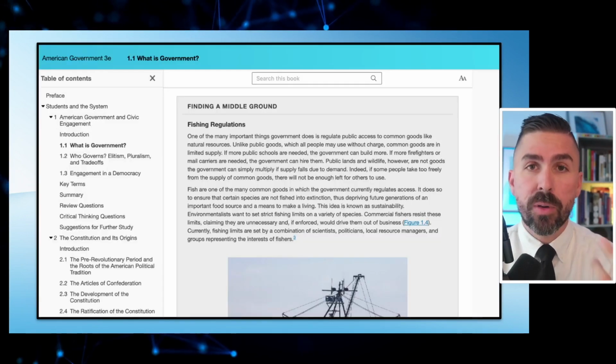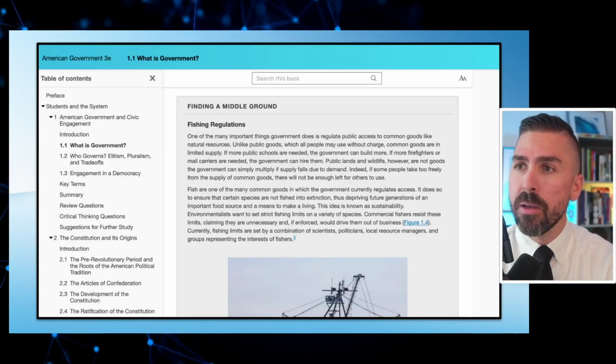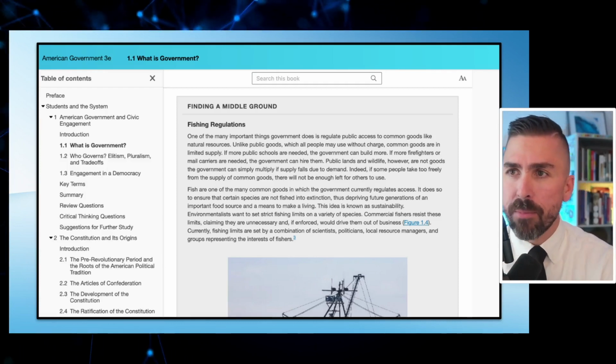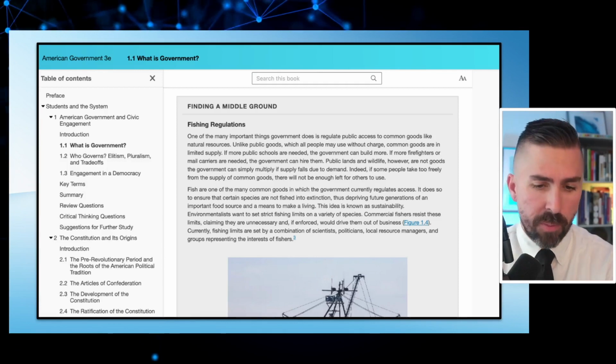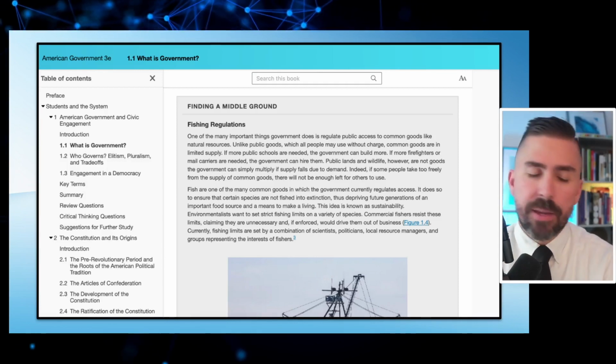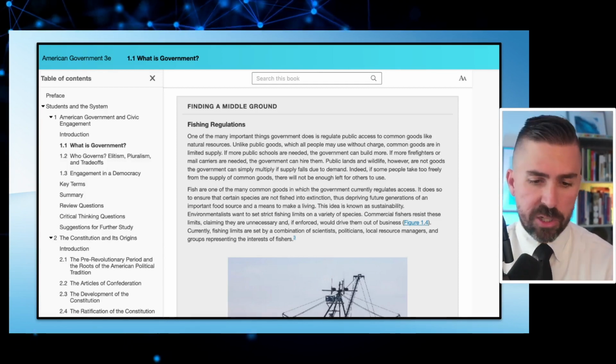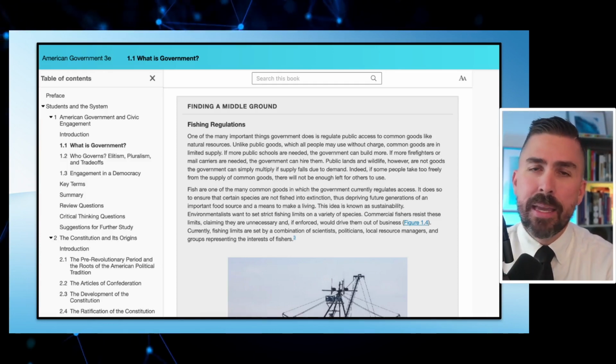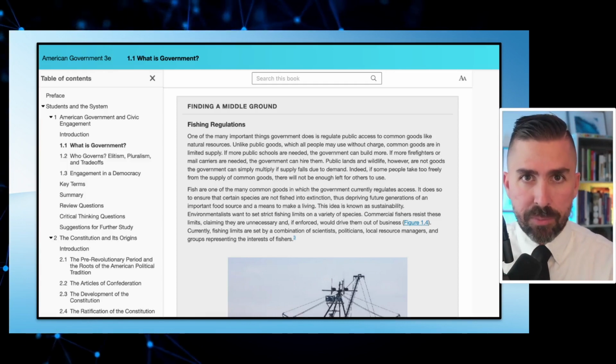Now, go ahead and read through. Some of you students might also enjoy listening to that audiobook as you read. Throughout your reading, every once in a while, you're going to find these gray boxes that will have some information. Like here in chapter 1, there is a big box that talks about fishing regulations. Now, my personal strategy on that is to leave that to the end of the chapter.